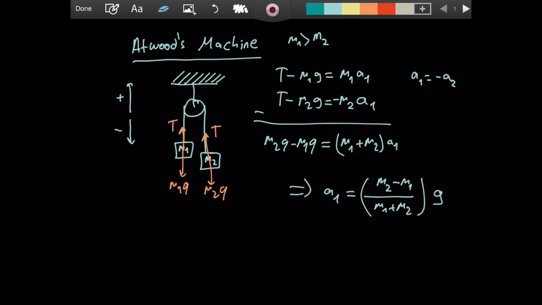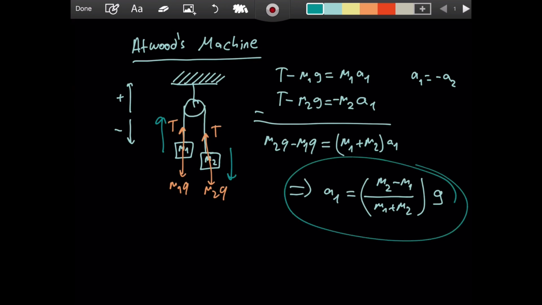And let's see if this makes sense. So if you look at this, don't even bother with this condition, okay? Maybe I need to even erase it. It was for the sake of argument at the beginning, but we don't need it anymore. If M2 is heavier than M1, this is going to be positive. In that case, M2 would be moving downwards and M1 would be moving upwards. And that is exactly what we see, because this is positive and the acceleration ends up being in the positive direction.